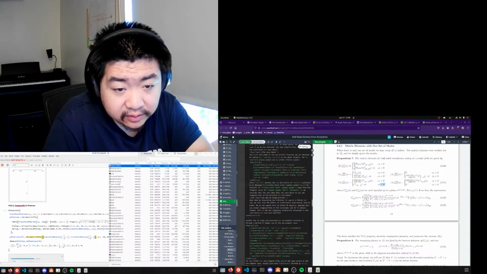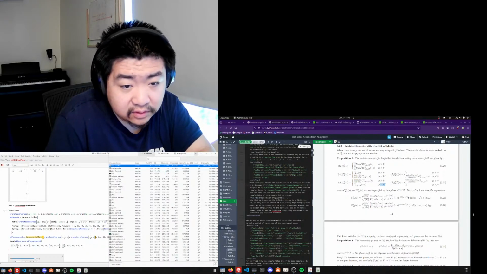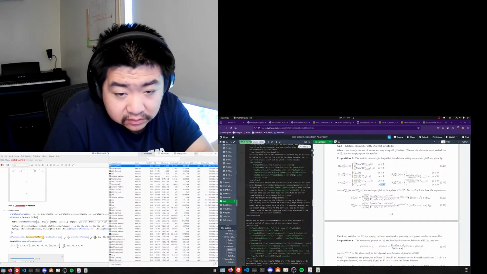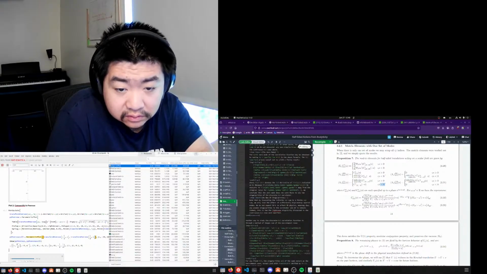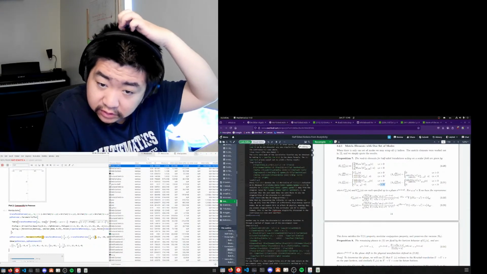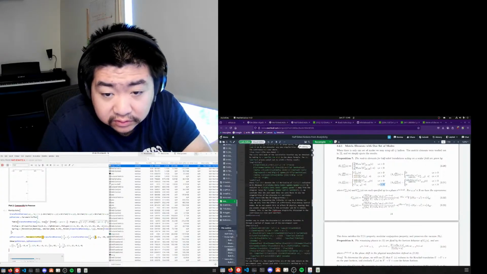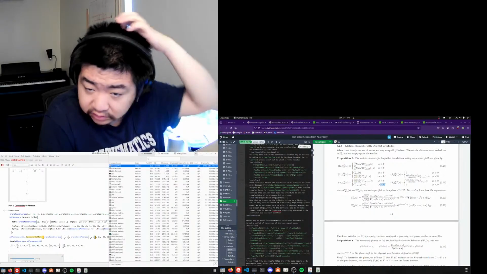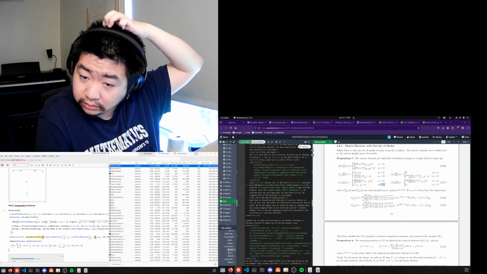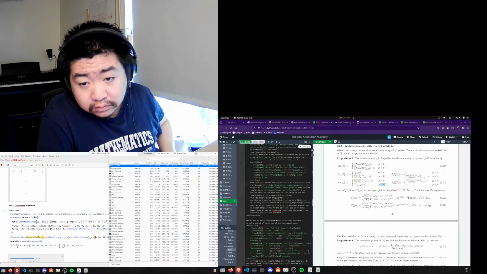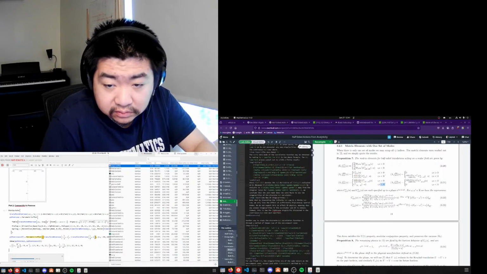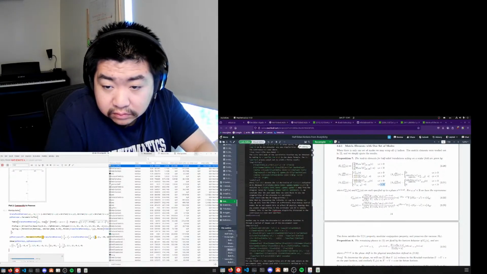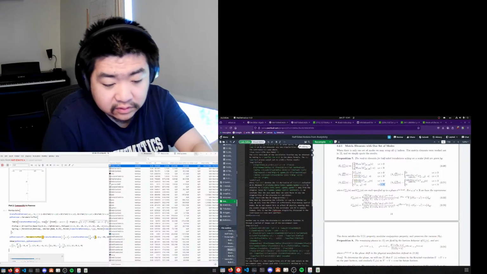Second of all, I need to flip all the momentum. This should be fine. Also, I don't flip anything here. I do flip these objects. Oh, this should be N, right? And this S is negative.